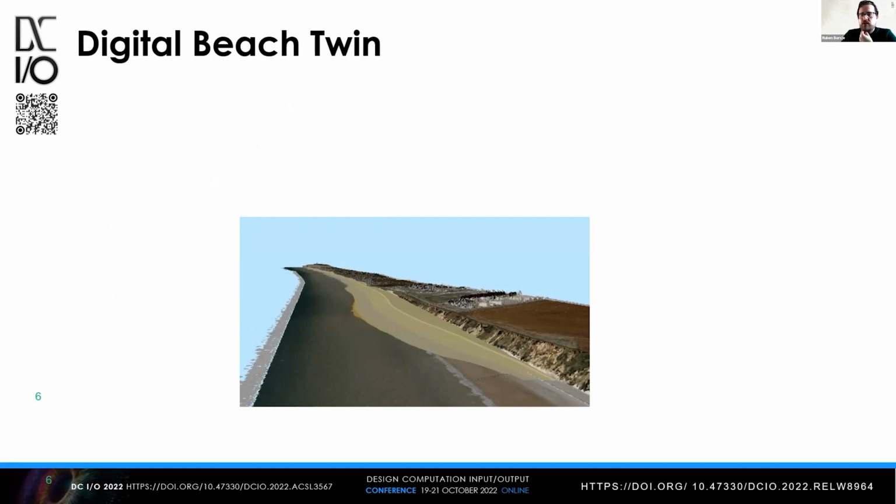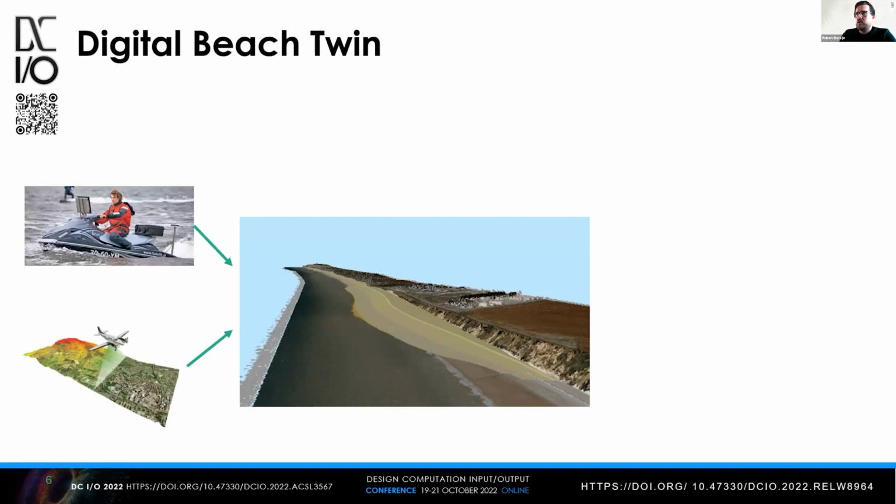I will show you the actual digital twin interface in a later slide, but from the design and literally just after implementation, we had a topography and bathymetry data set, which is basically a digital elevation model.